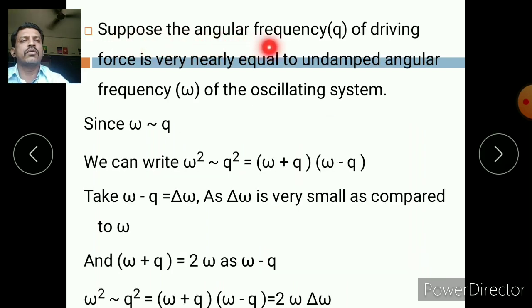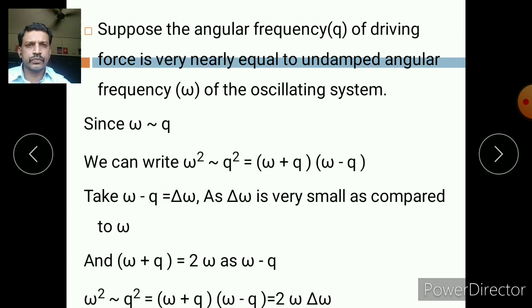Suppose the angular frequency q of the driving force is very nearly equal to the undamped angular frequency omega of the oscillating system. Since omega is approximately equal to q, we can write omega square minus q square, just like a square minus b square means (a minus b)(a plus b).